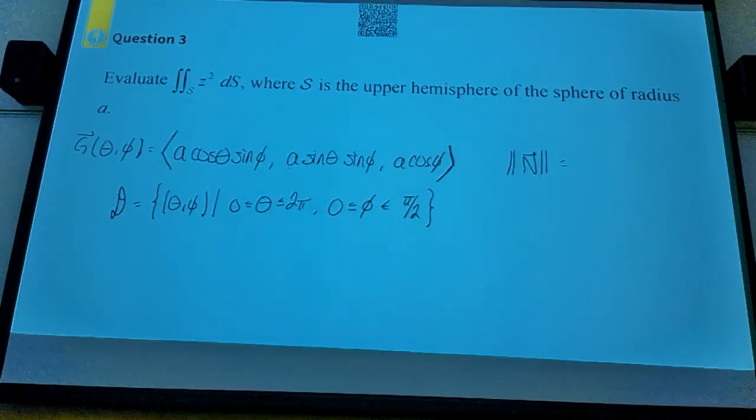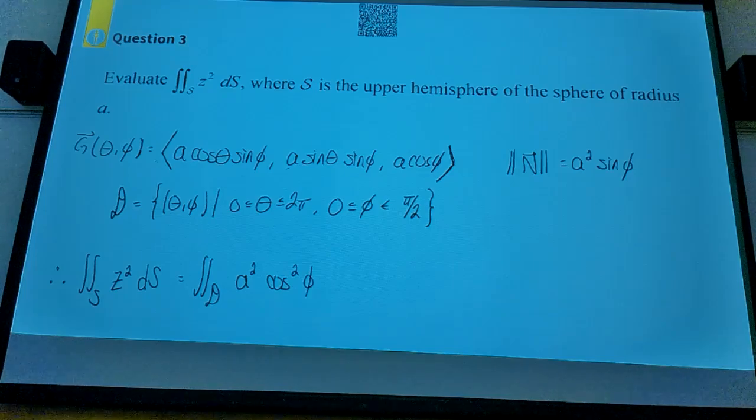Of course, the norm of the normal vector is a squared sine of phi. Z squared would become a squared cosine squared of phi, then times a squared sine of phi dA.